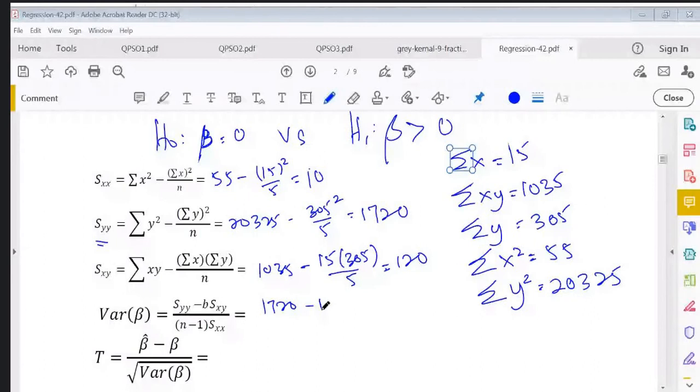What is the value of the variance of beta? Okay, we get 12.